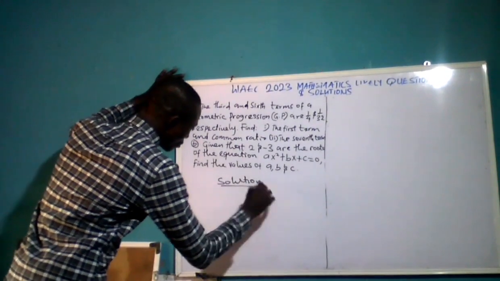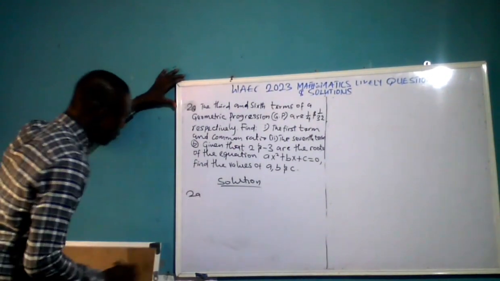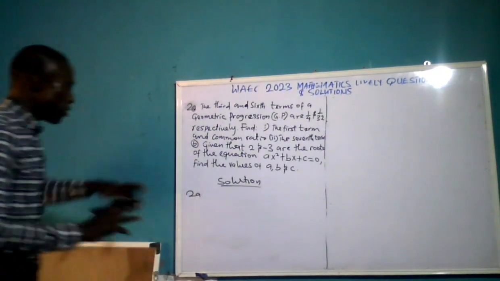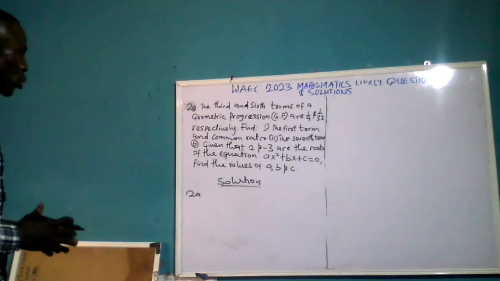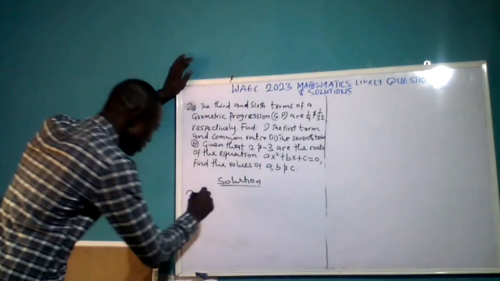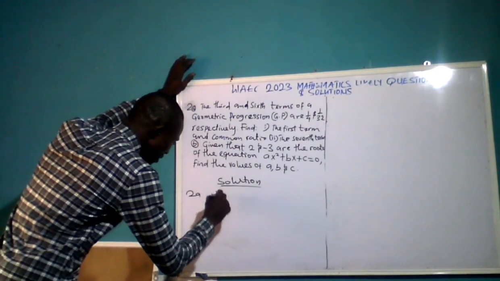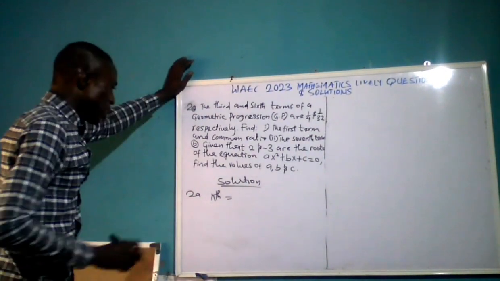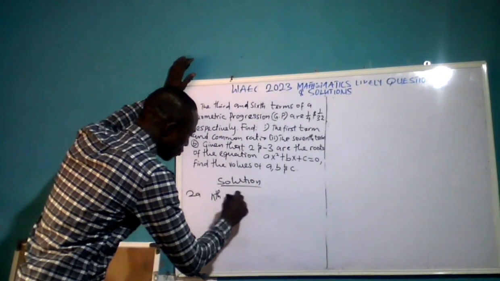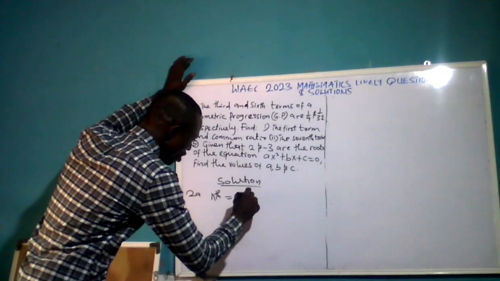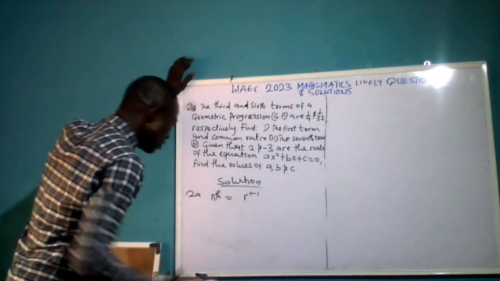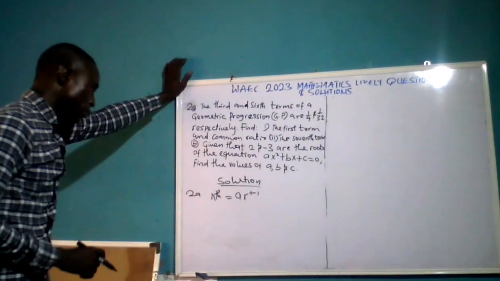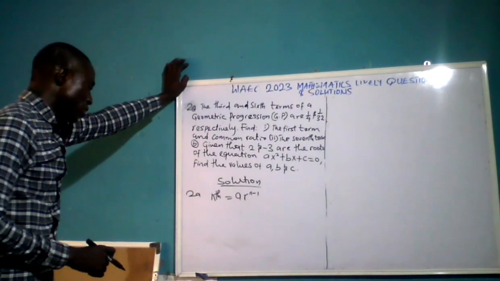Solution to 2a. First and foremost, you have to define the nth term of a geometric progression. The nth term is defined as the product of the ratio raised to power n minus 1 and the first term. This is the definition for the nth term of a geometric progression.